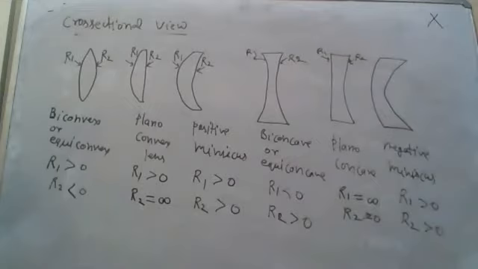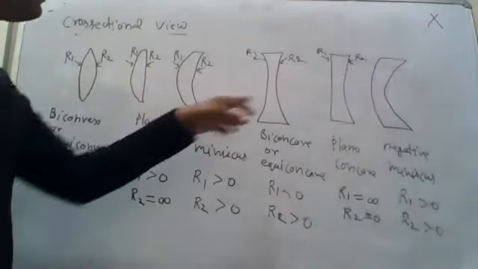Sir, I think the negative meniscus diagram is the opposite of the positive meniscus. Yes, sir. Both are looking similar. So can anybody tell the basic difference between this lens and this lens?